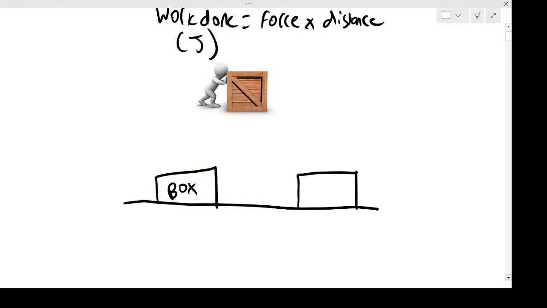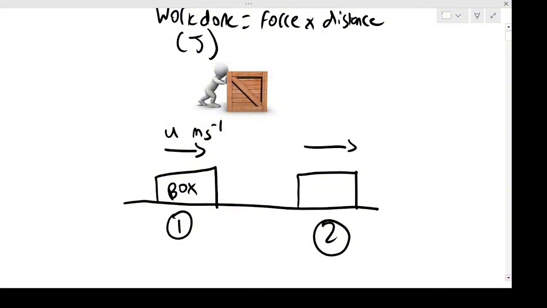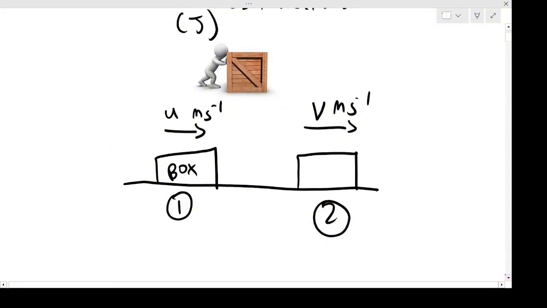So we've got two different positions, position 1 and position 2. At position 1 it has speed u meters per second, my initial speed. And then after it moves forward, it has a different speed v. If you have looked at SUVAT, you'll be quite familiar with this sort of setup. So it starts with speed u, then ends up with speed v.